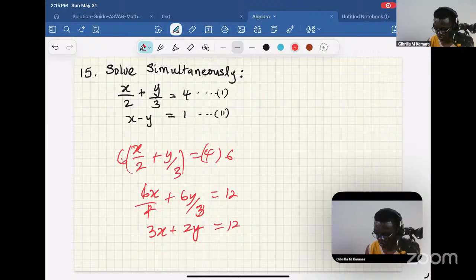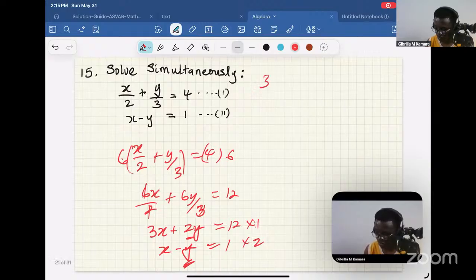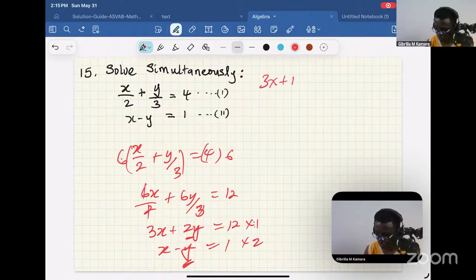So now you bring the other equation, x minus y equals 1. This is very easy now. So you multiply by the coefficient so you can cancel them. 1 multiplied by 3x gives you 3x plus 2y equals 24. Now for the other, that becomes 2x minus 2y equals 2.